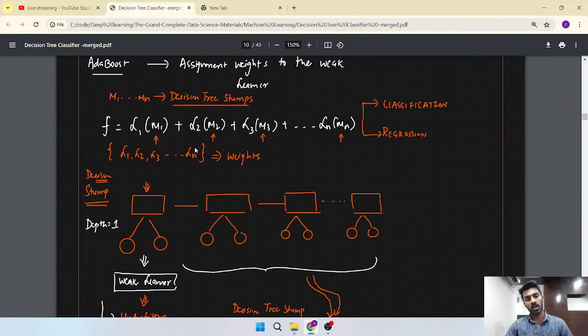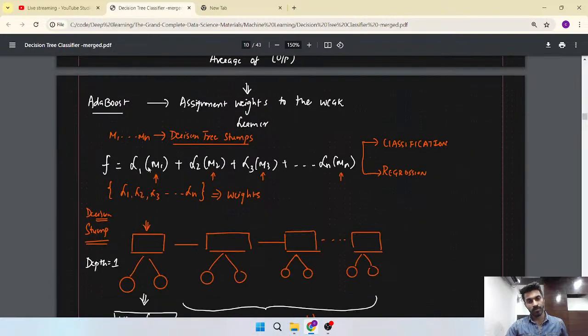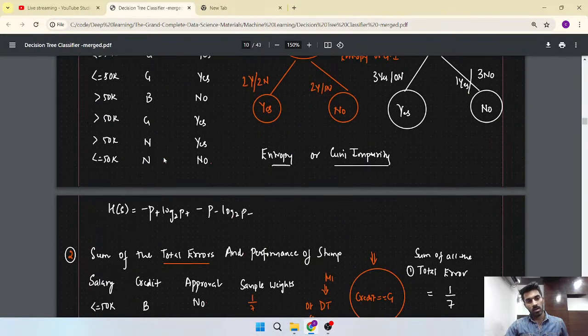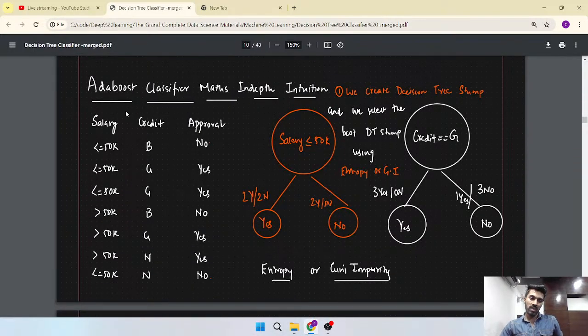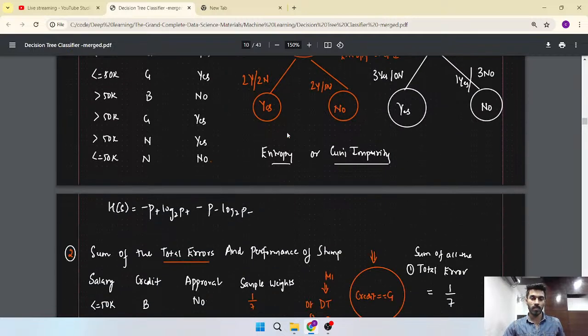Okay, we will start AdaBoost. Suppose we create a decision tree.